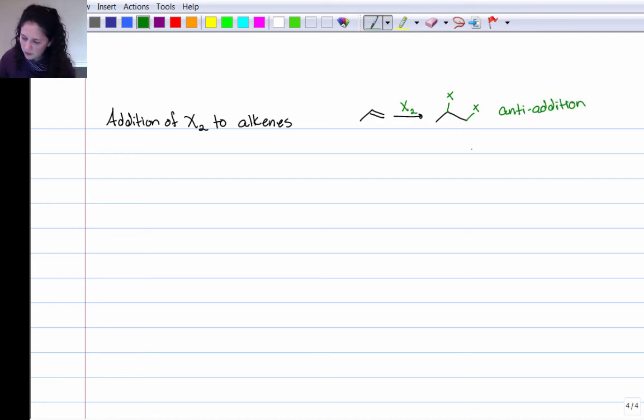When we do this same sort of thing with alkynes, we also get the addition of X2 across the triple bond, and we can stop at one equivalent if we'd like. So if we add just one equivalent of X2, so Br2 or Cl2, we will get this sort of a product. So again, we're getting anti-addition, and those halogens will be trans from each other.